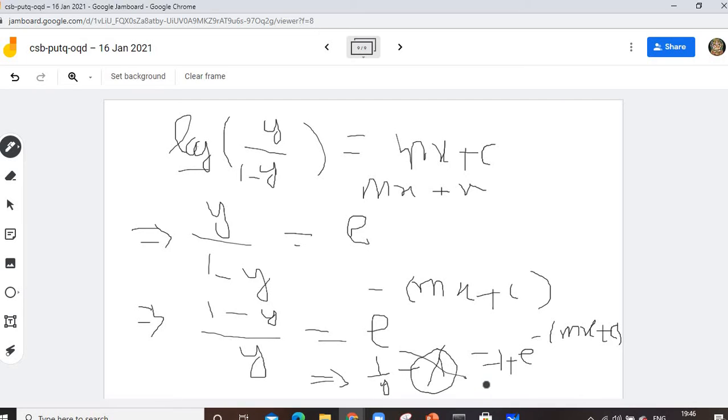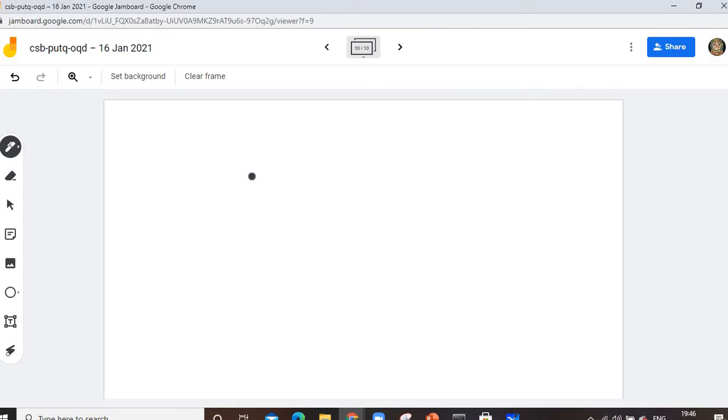And what will y be? y will be 1 divided by 1 plus e to the power minus (mx plus c). So this is the function. If you solve this line by line, you can derive exactly that sigmoid function in this way. Now next.